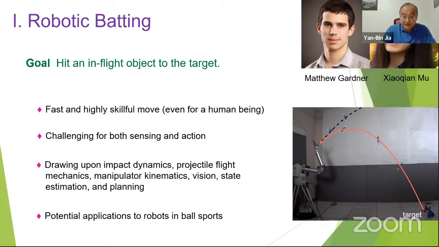It also challenges the sensing and action because of the short time frame. And we like it because it intersects impact dynamics, aerodynamics, manipulator kinematics, computer vision, state estimation, and also planning. So there are a lot of potential applications, especially to robots in ball sports.